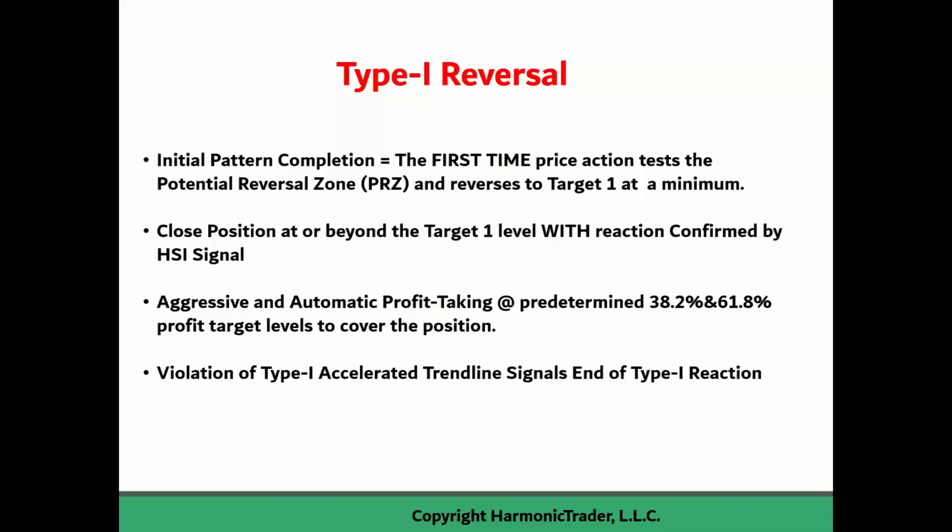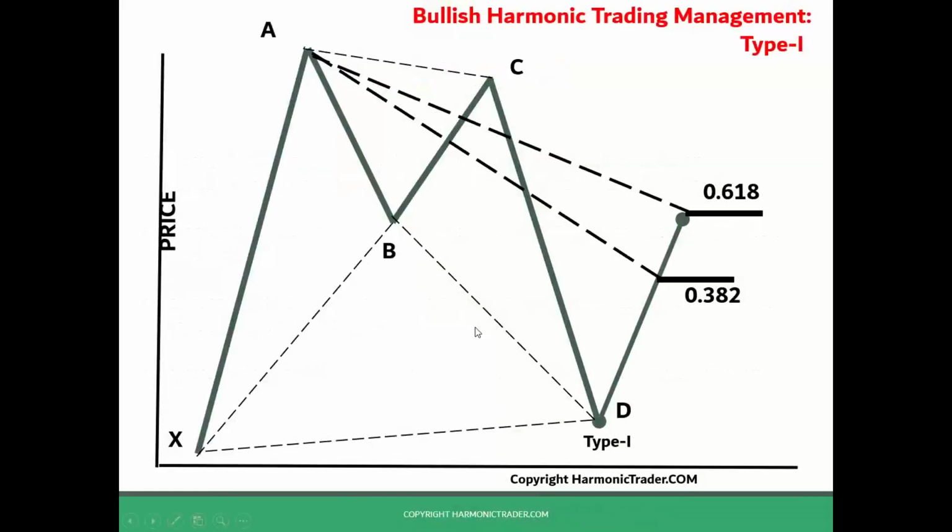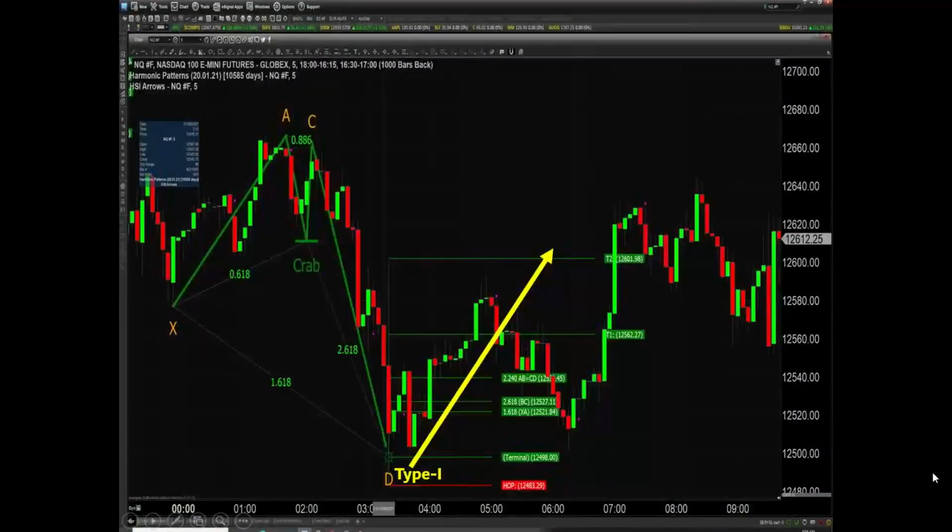Really important to see the tie together of the whole framework, and then how to assess the individual price action at different points within that PRZ, and from target 1 back to the PRZ up to target 2. Again, the whole management framework, we want to be automatic at 382 or 618, taking us back up to that zone on the first test.